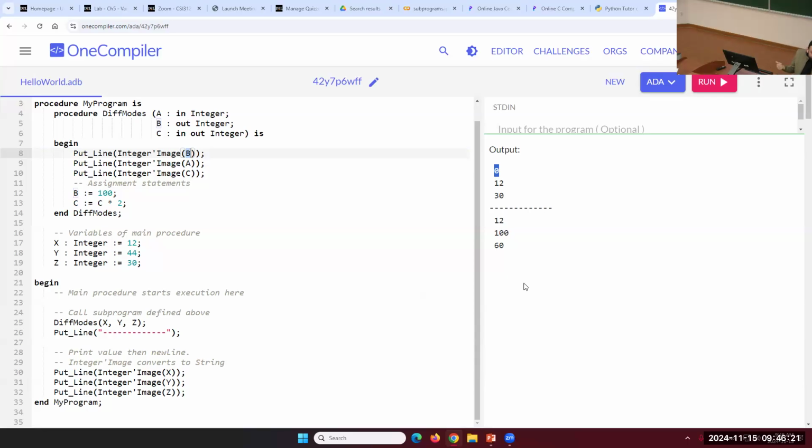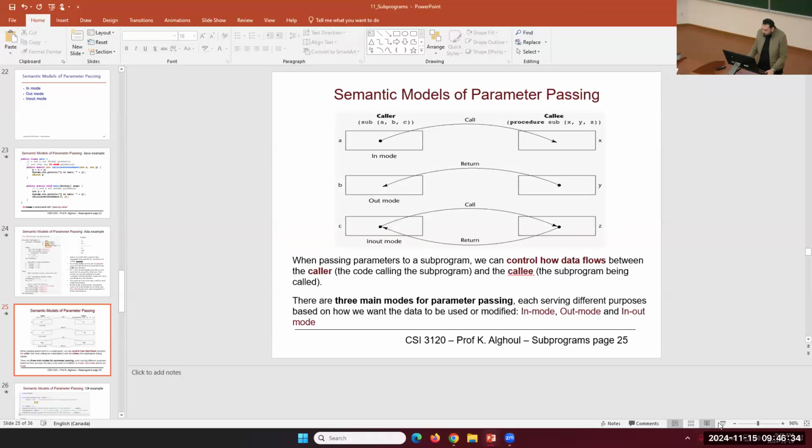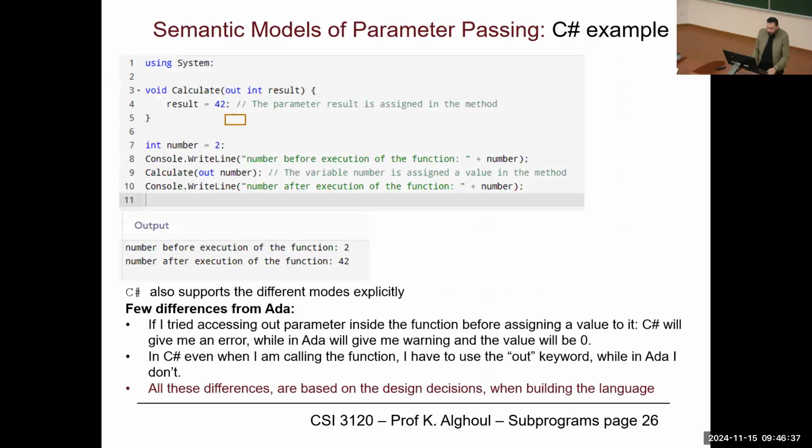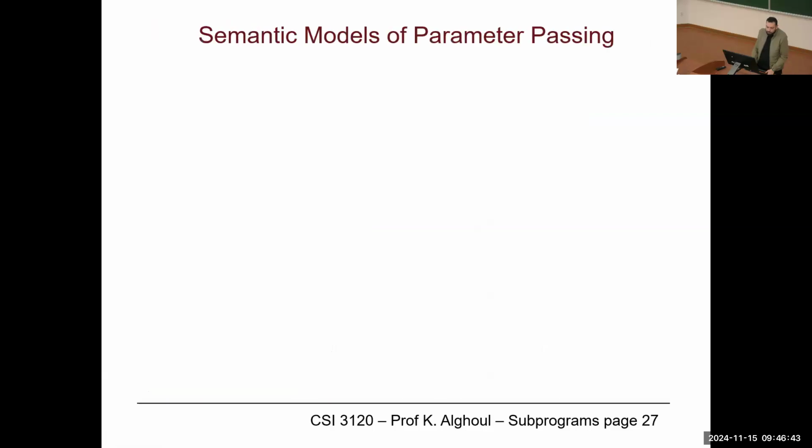Here, the other language says, okay, be careful, it's 0, continue. So C# took a higher step, a further step. All these differences, as we said, are based on the design decisions when building the language.